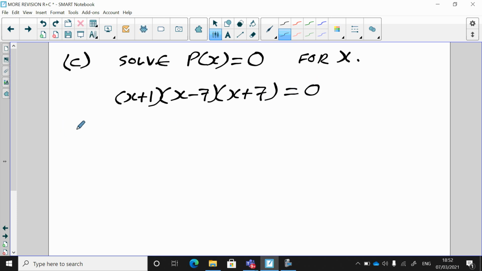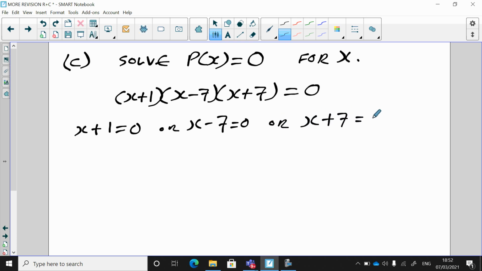So that means that x plus 1 is equal to 0, or x take away 7 equals 0, or x plus 7 equals 0. So what we've got here is x equals -1, or x equals 7, or x equals -7.